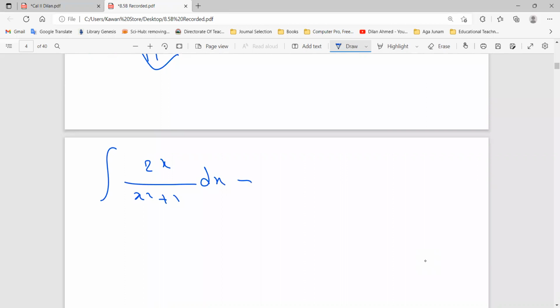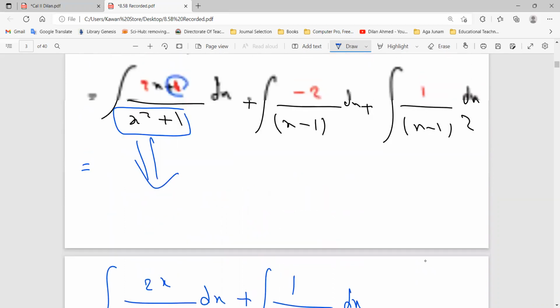So 2x plus 1 over x squared plus 1 dx. Am I right? And the rest equal to what? Integral of here. You are right. Minus 2 ln of x minus 1.